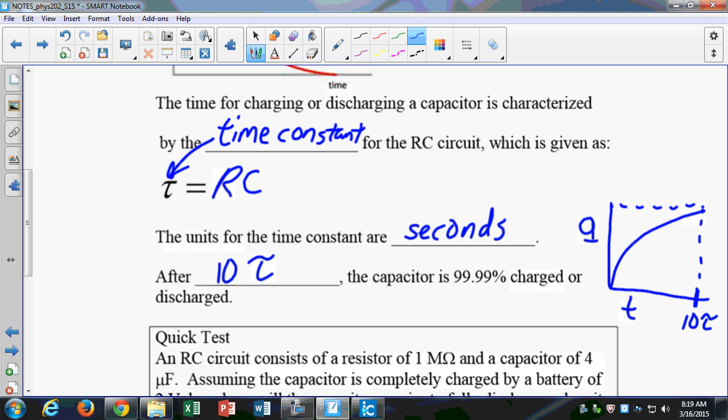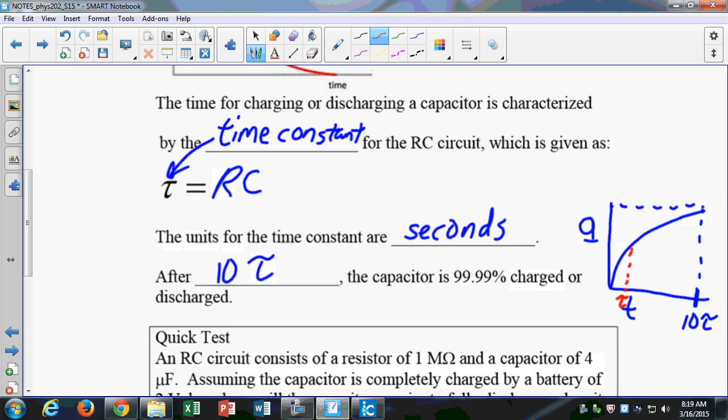So tau, my time constant, is right over here. But at 10 times that time constant, it is basically fully charged or discharged. It's never actually completely charged or discharged because it's an exponential function, right? Exponential functions approach some value but they never reach it. But at this point, it's almost 100% charged.